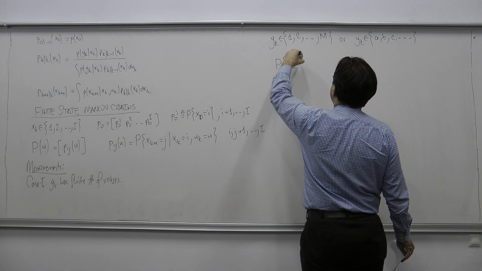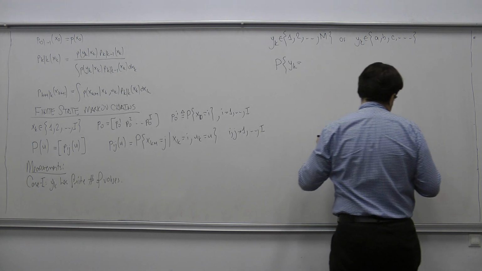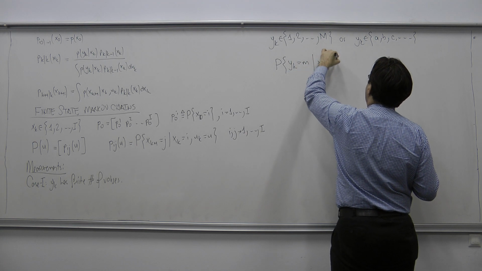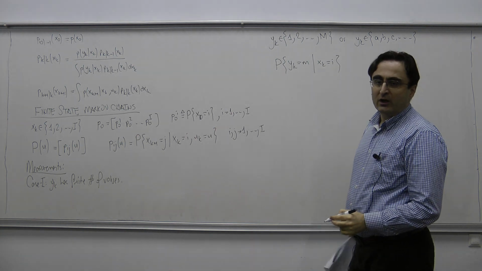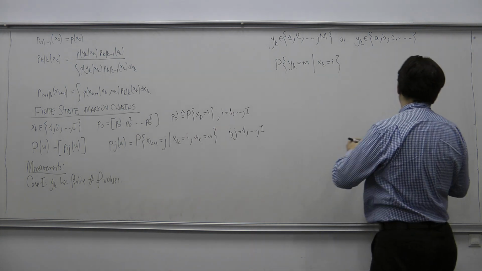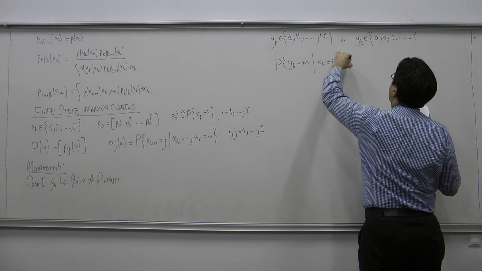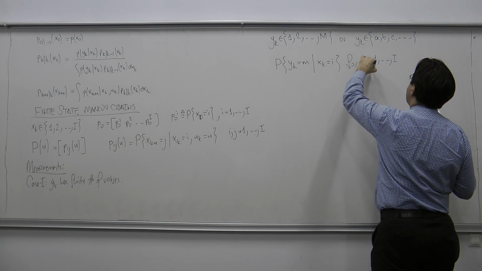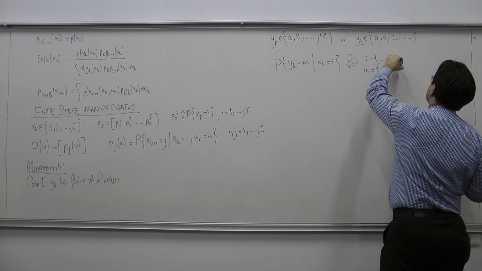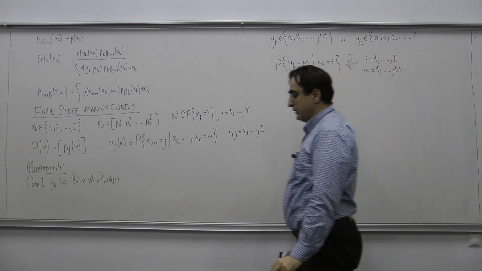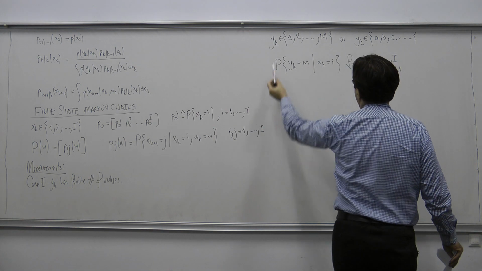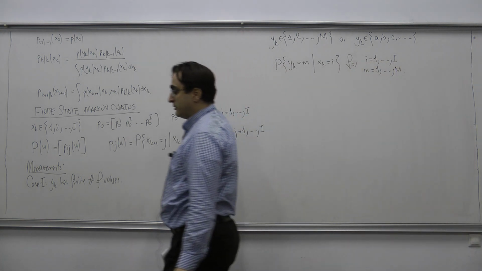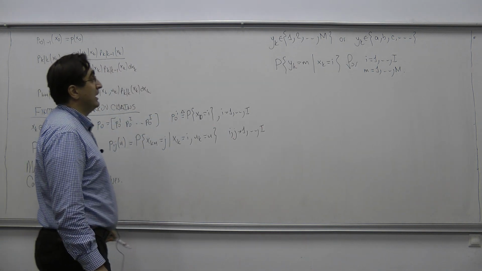So I have yk is equal to, let me say, m, given xk is equal to I. I have to know such probabilities for I from 1 to capital I and m from 1 to capital M. We need to know these probabilities for all possible values of m and I.